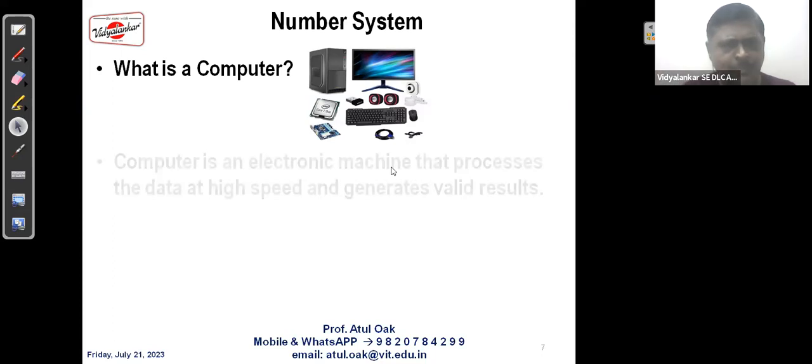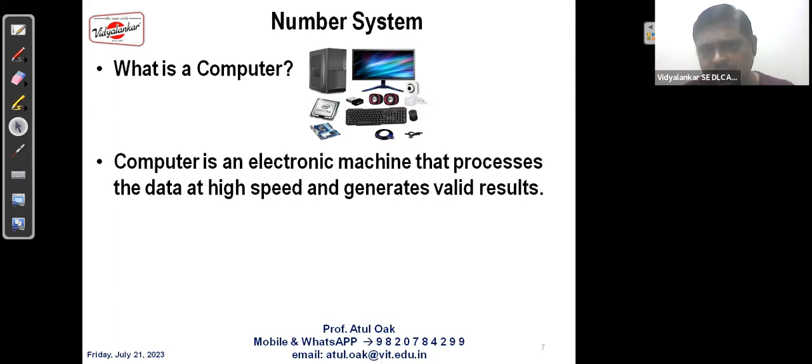We always say computer is electronic machine that processes the data at high speed and generates valid result. A short and sweet definition.